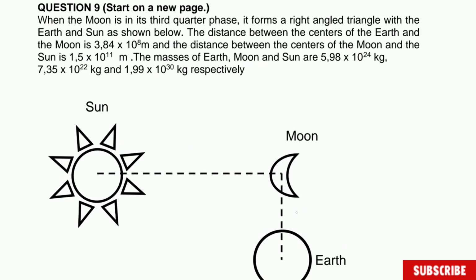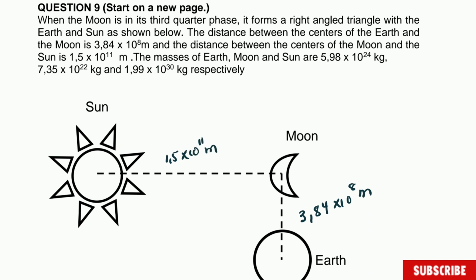So this distance here is 3,84 times 10 to the 8 meters. And the distance between the center of the moon and the sun is 1,5 times 10 to the 11 meters.